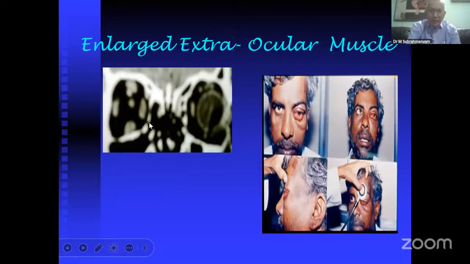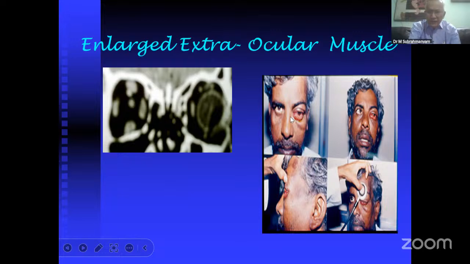Enlarged extraocular muscles. If you look at these two in the coronal section, you can see that these extraocular muscles are enlarged, all the four, when compared to the normal side. And if you look carefully, this hyperdense lesion that you are seeing is the engorged superior ophthalmic vein. When you compare its size to the normal side, it's very much enlarged.